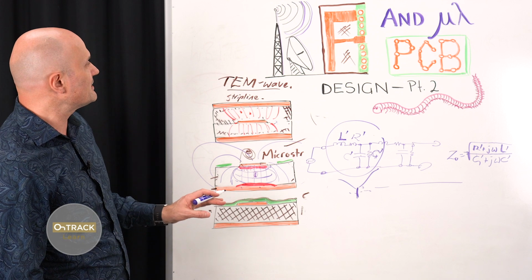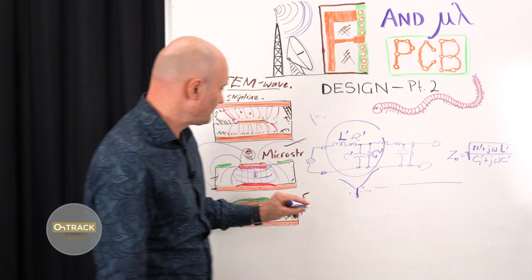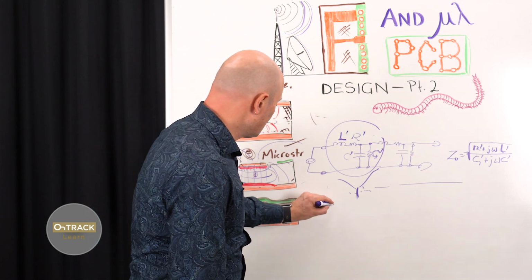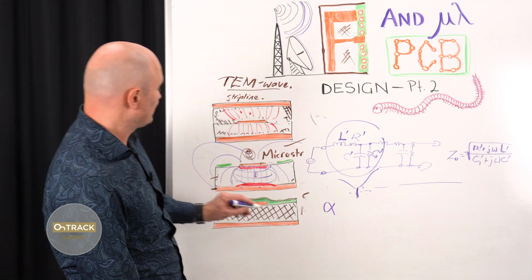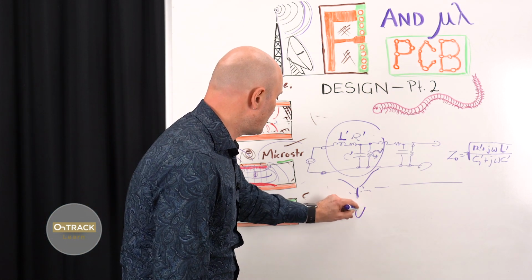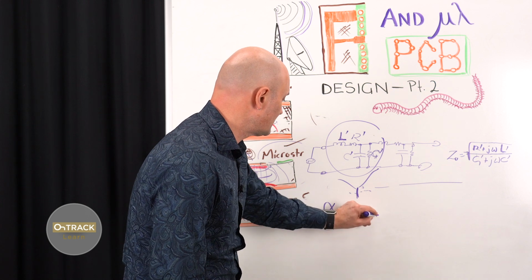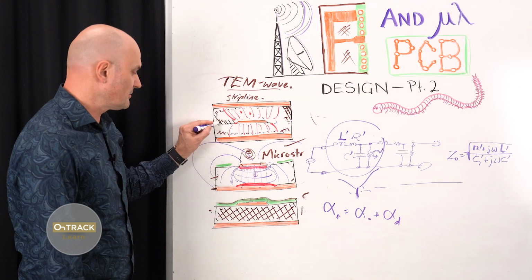So what are some of the losses that we're going to encounter? The total loss, usually represented by the alpha, is some combination of conductor losses plus dielectric losses for a strip line.